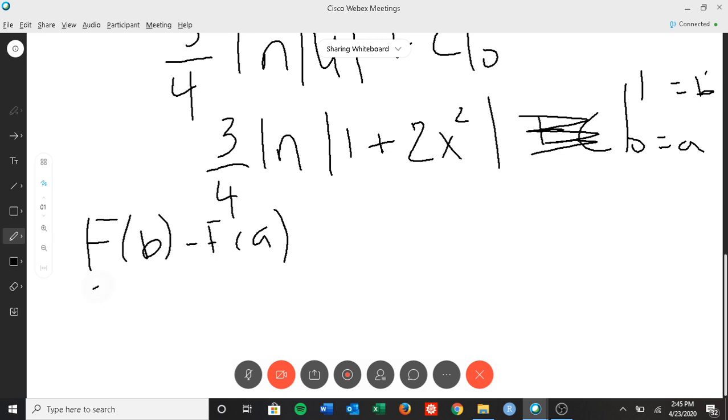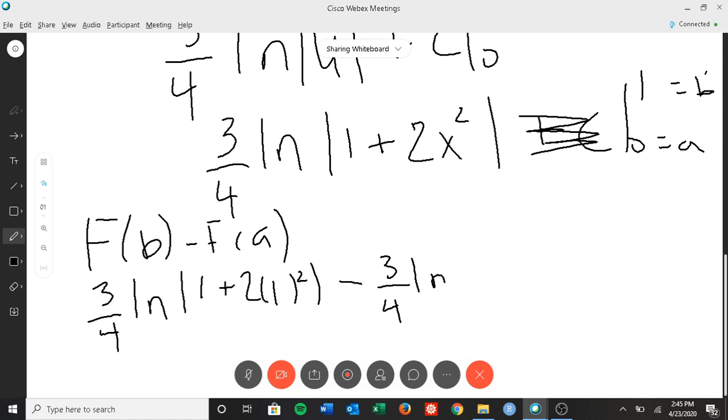So plugging in our values, we have 3/4 times ln of 1 plus 2 times 1 squared, minus 3/4 times ln of 1 plus 0.